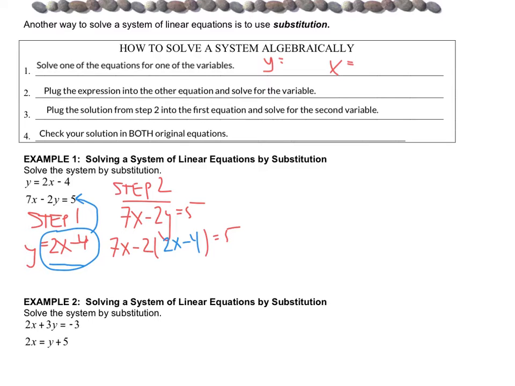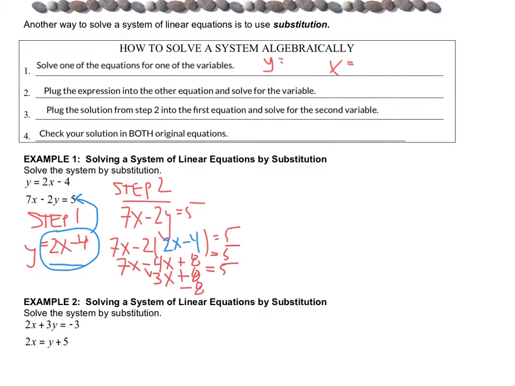So now I have not x and y, I have all x's in this equation. So now I can just solve for x. I would have 7x, and if I use my distributive property, I get minus 4x plus 8 equals 5. Combine my like terms to get 3x plus 8 equals 5.